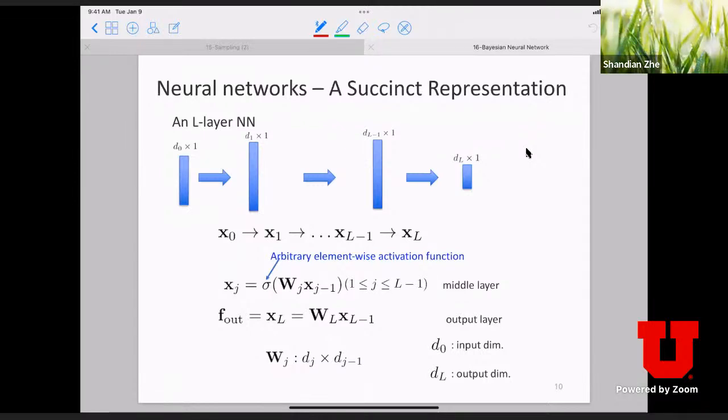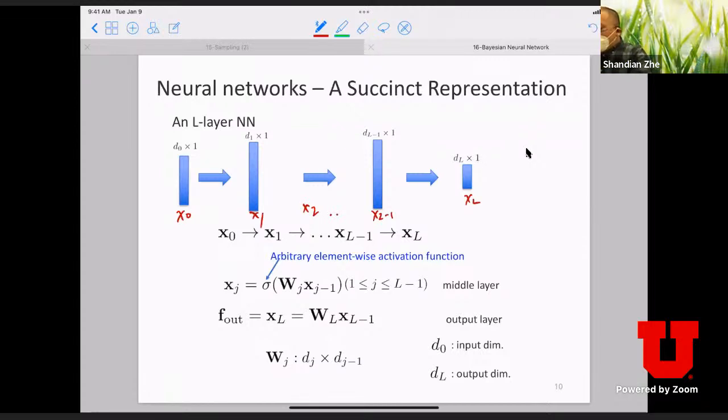So we can denote all the neurons in the input layer by this vector x0. You can assume the dimension is d0, so it's a d0 by 1 vector. And then the neurons in the first layer, we denote by x1, and the second layer, x2, until the second last layer, x_{L-1}, and then the last layer, the output layer, is xL. We assume you have L layers.